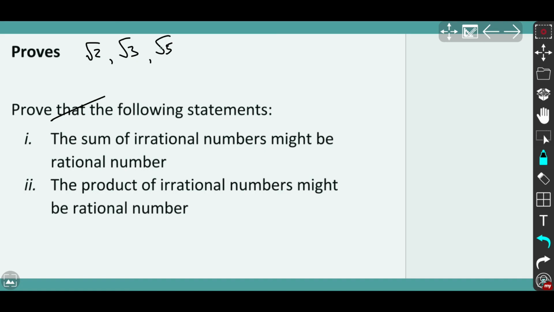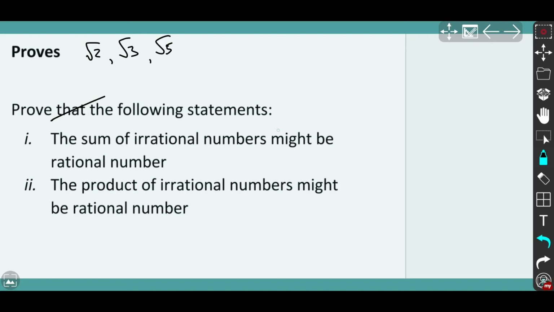For example, if you use a calculator, you can calculate square root of 2, but it will give you a result up to certain digits according to the precision of your calculator. But for the next digit you have no idea what it's going to be. So that's why we need to prove that the sum of irrational numbers might be rational.